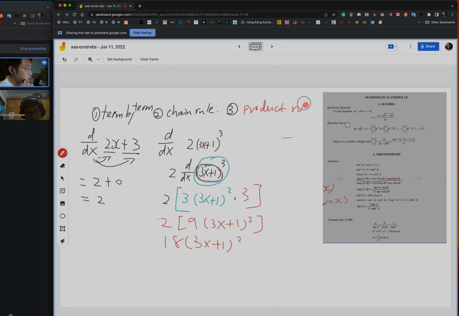I know there is this division rule, which I don't use so often. So let me show you the product rule first. Let's say you get 2x squared times the, what should I do? I cannot think of an example. Very interesting. Can you think of an example that makes use of a product rule?